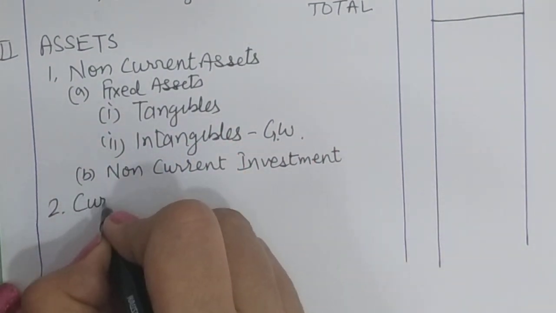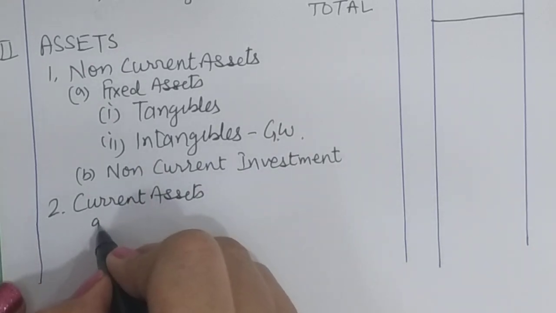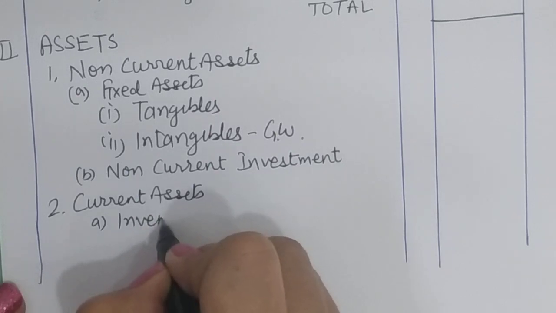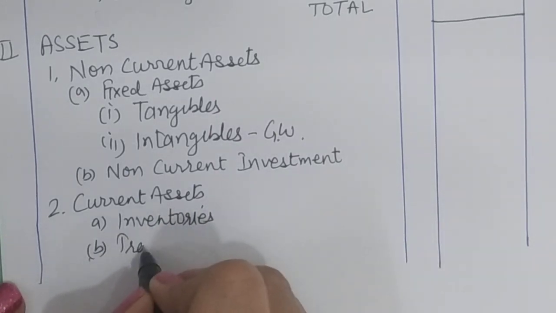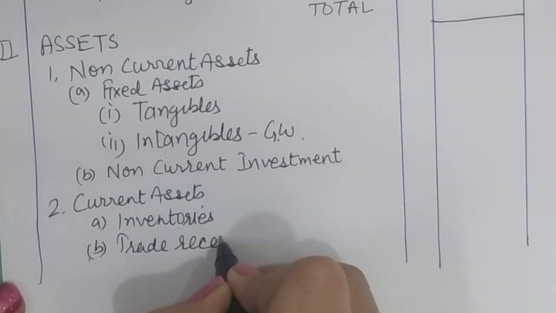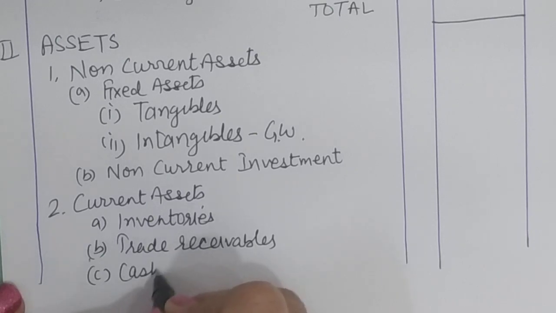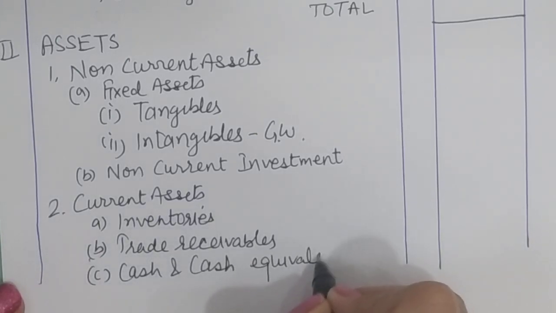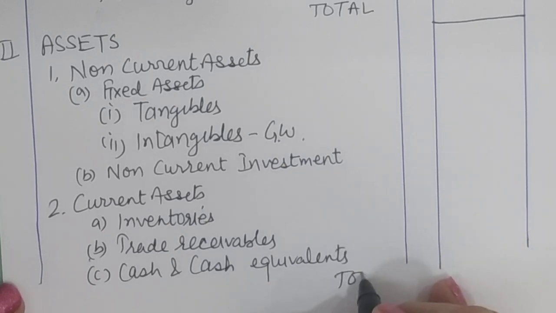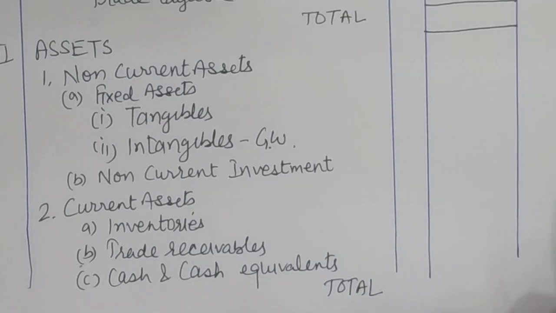Then you have the current assets, which include inventories, trade receivables, and cash equivalents. And then the amounts will be totaled here. So that completes the format.